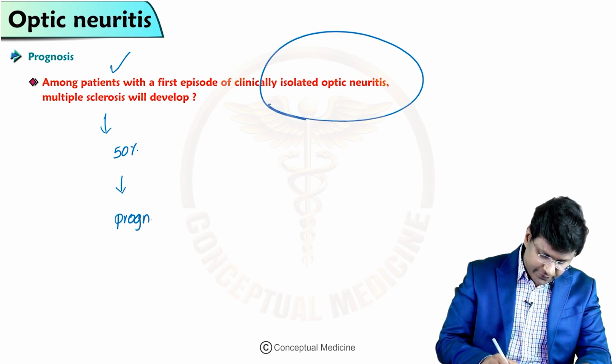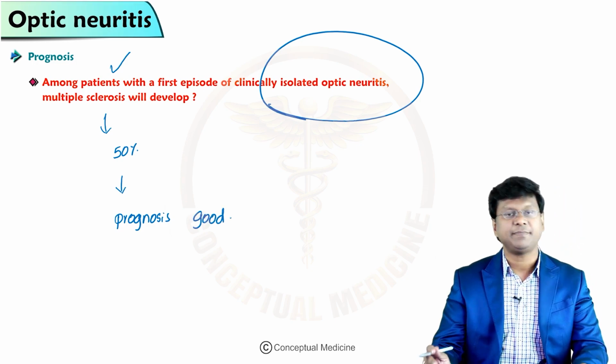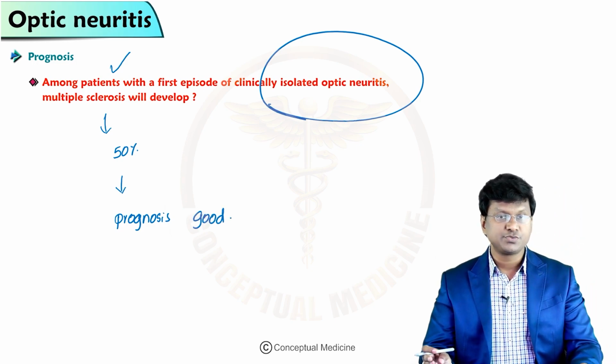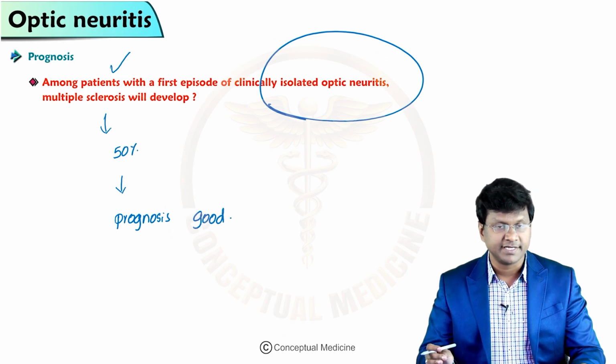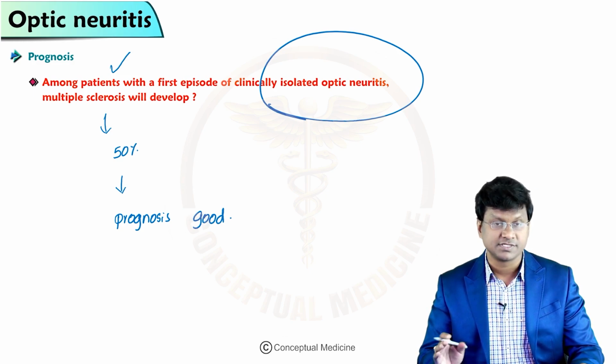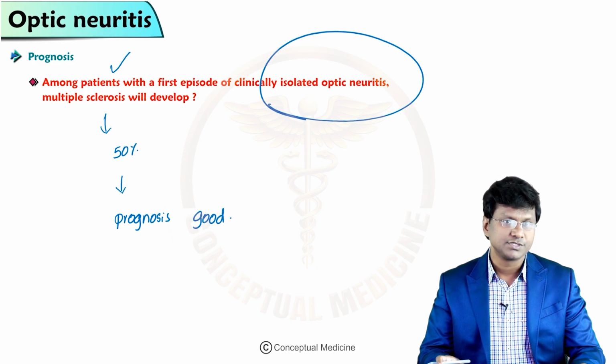But in which group of individuals is the prognosis poor? That is in patients with atypical optic neuritis, seen in patients with sarcoidosis, neuromyelitis optica, herpes zoster, systemic lupus erythematosus. They have the poor prognosis.